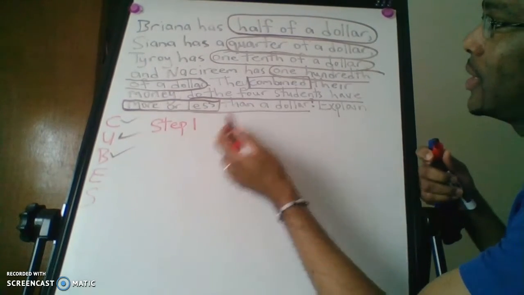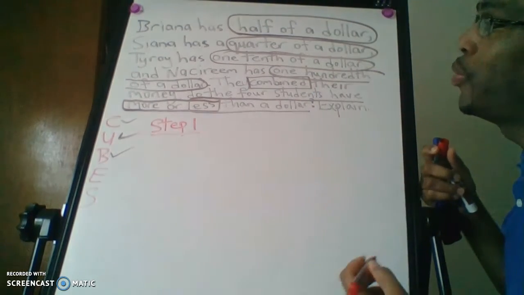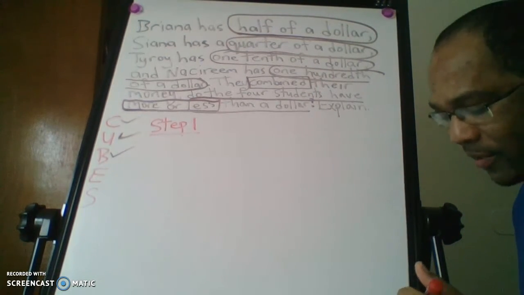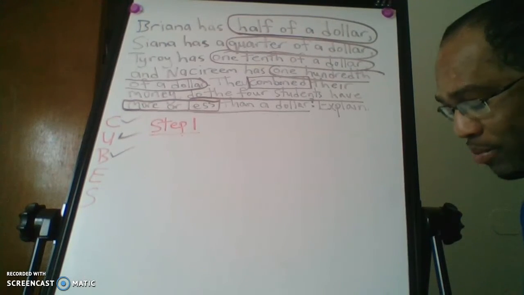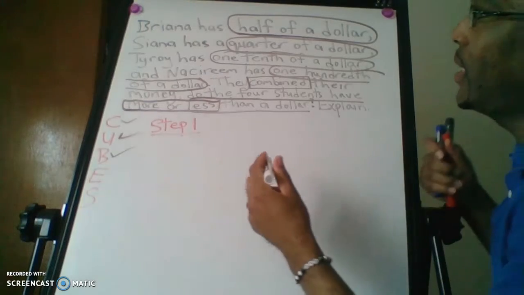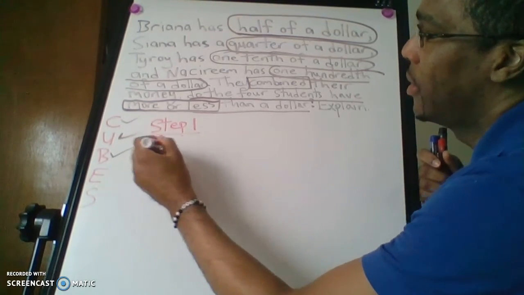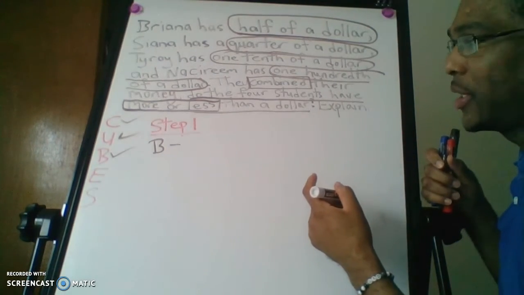Now, first for this question, my first step would be to put those key numbers that I circled in numerical form. Now I'm going to use some shortcuts here. I'm going to write B for Brianna. Brianna has half of a dollar. Now I'm going to put some pictures there for you guys.